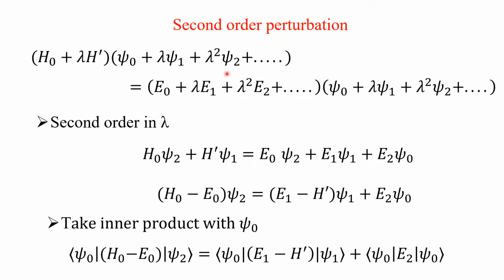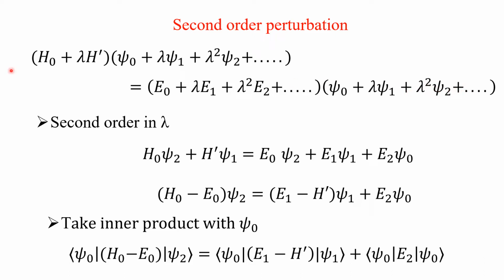Since lambda is very small, we ignore higher order terms. Similarly, on the right hand side, E psi, here E naught is the unperturbed energy eigenvalue, plus lambda E1 plus lambda squared E2, and it goes on. This is the first order energy correction, this is the second order energy correction.